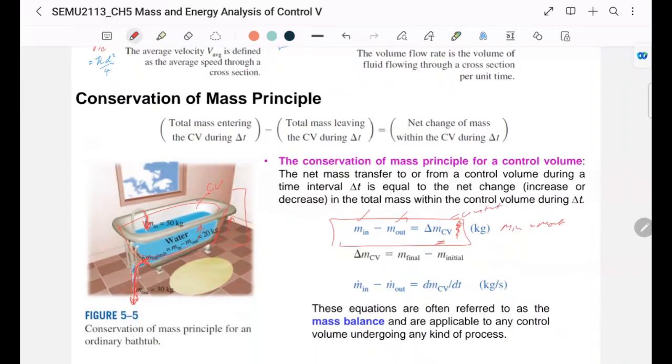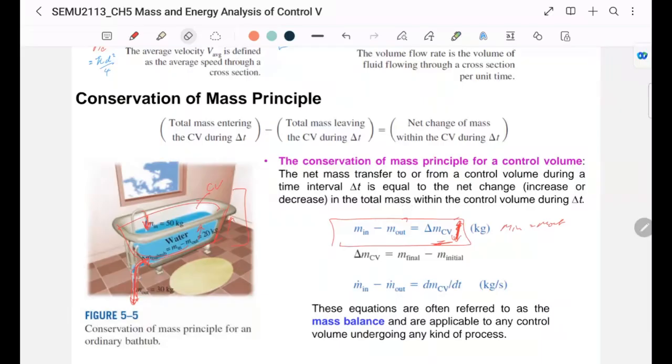But if you close the water now, you only open the drain, then this water level will surely decrease. So that's what conservation of mass basically means. The change in the mass in the control volume is always the difference between the mass that comes in and the mass that goes out.